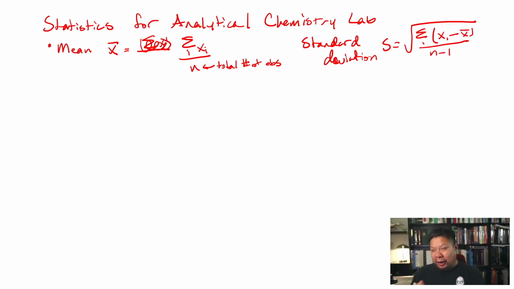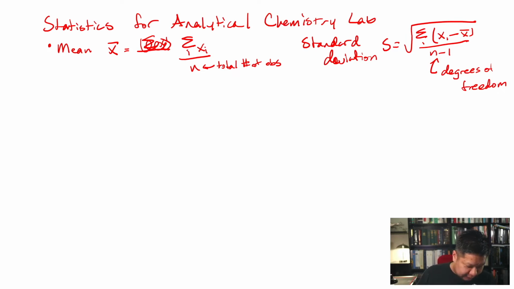All of that is under the square root symbol. And just in case you were not aware, n minus 1 here is known as the degrees of freedom. So if any question ever asks you what the number of degrees of freedom is, or if the degrees of freedom is required for a particular calculation, it's always going to be n minus 1, the number of observations minus 1.